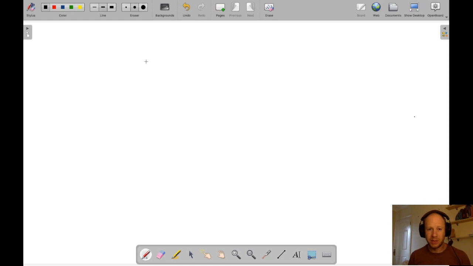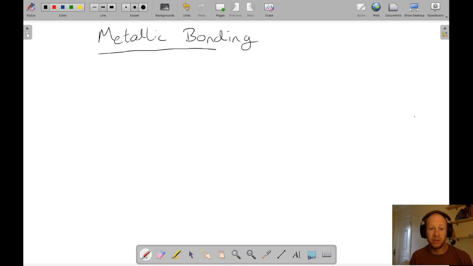Today, what we're going to be doing is looking at metallic bonding. So we've already had a look at covalent and ionic bonding. So this is the last real kind of bonding that we're going to have to cover over the course of this material. It's a little bit different from some of the other bonding that we've come across before.